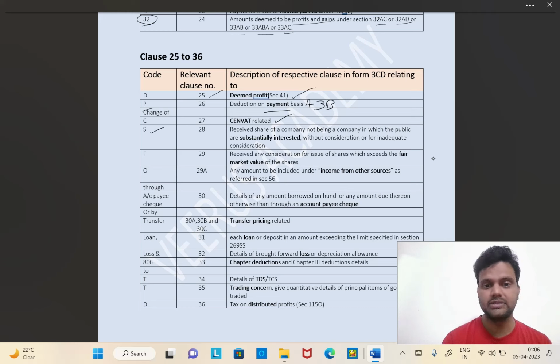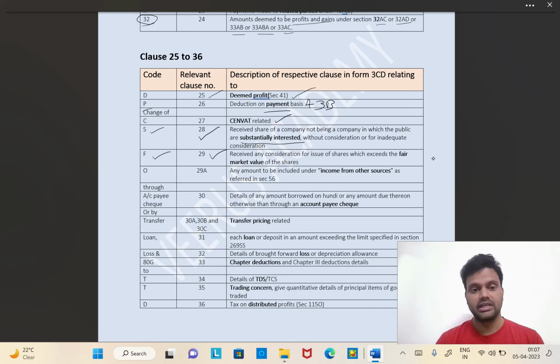And S means substantially interested. Substantially interested means if you receive any shares from a private company in which the public are not substantially interested, without consideration or for inadequate consideration, those kinds of transactions are covered under clause number 28. Now go to the word F under CSFO, the 29th clause.